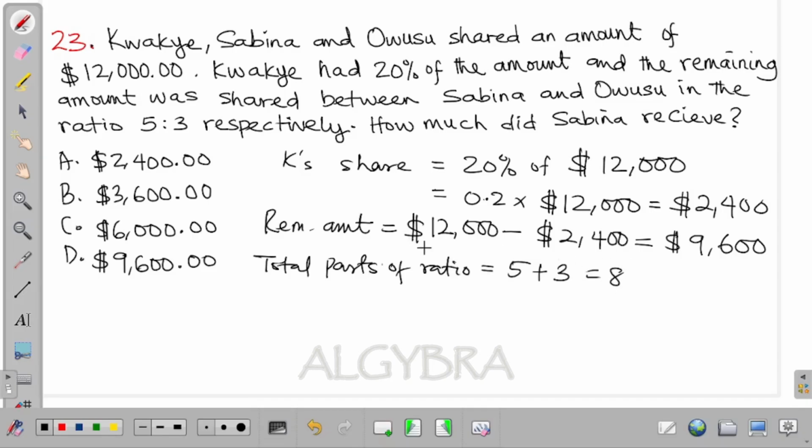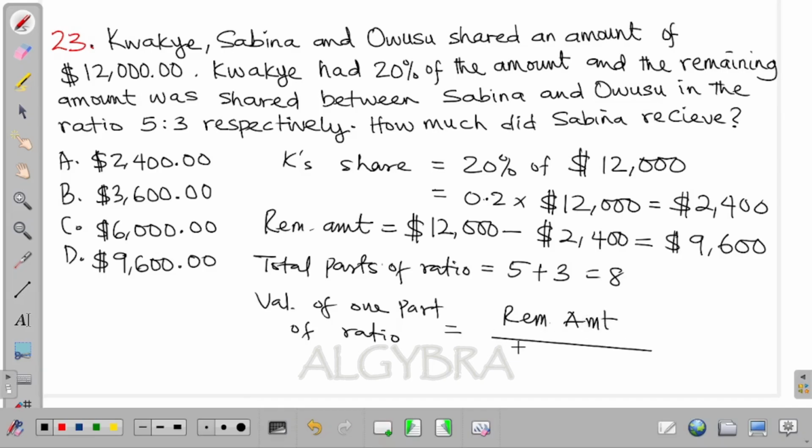Okay, so now the value of one part of the ratio is going to be equal to the remaining amount, which is 9,600, over the total parts of the ratio.